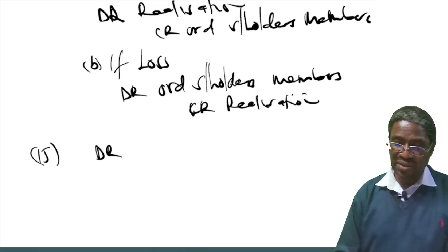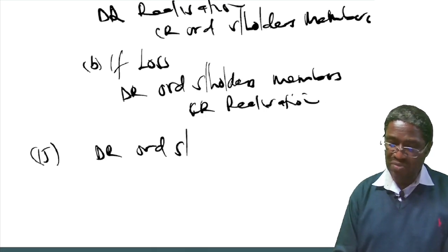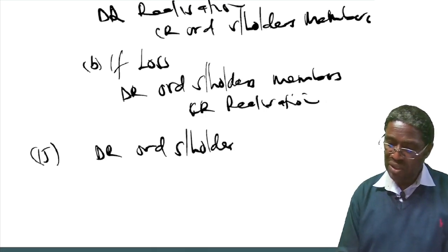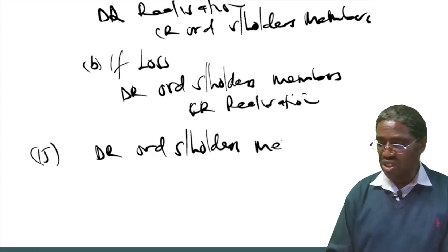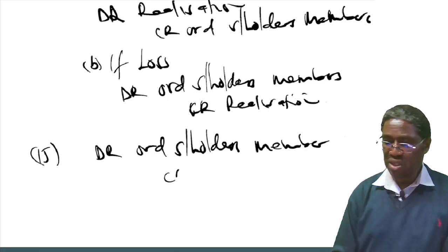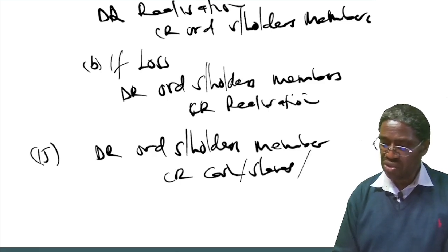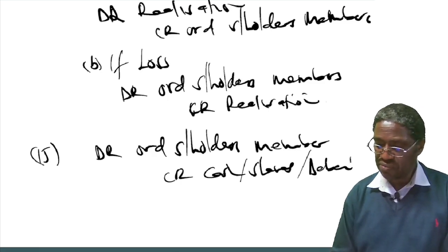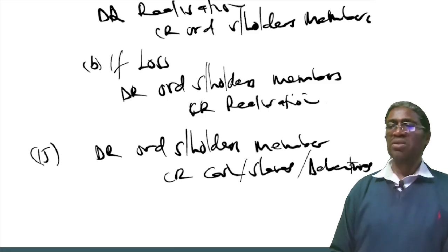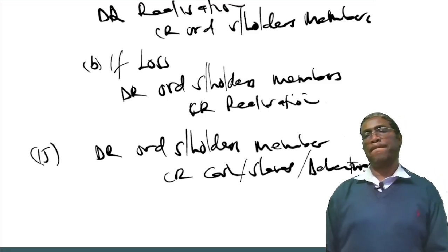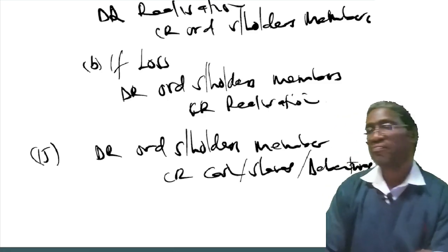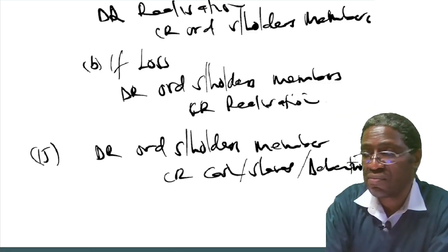You debit ordinary shareholders members, credit cash, stroke shares, stroke debentures. Good. That is it.